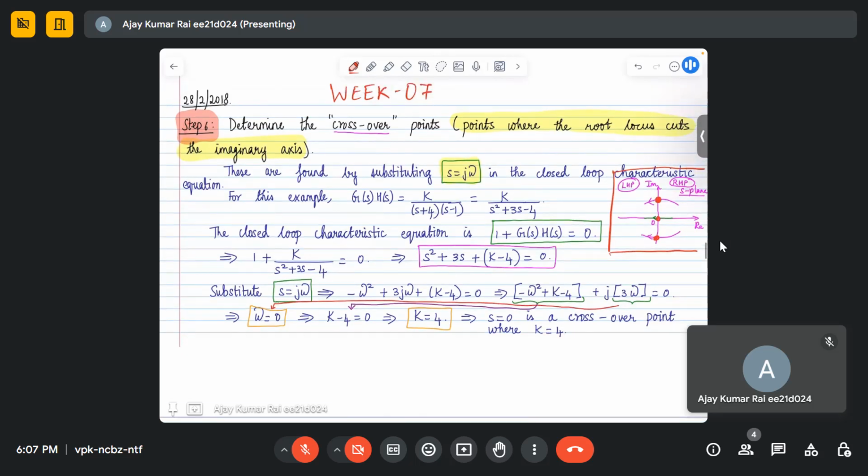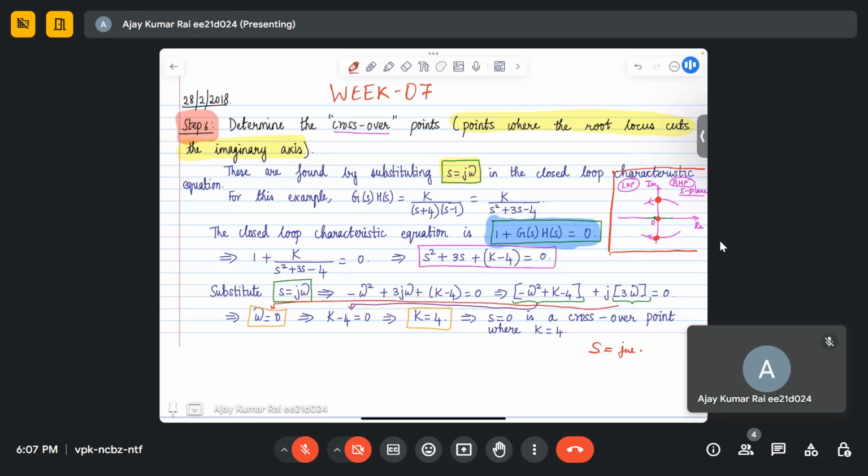We just use the characteristic equation. What is happening at the imaginary axis? The real term is equal to 0. You know s is equal to sigma plus j omega, but on the imaginary axis sigma is equal to 0, so you are only left with s equal to j omega.